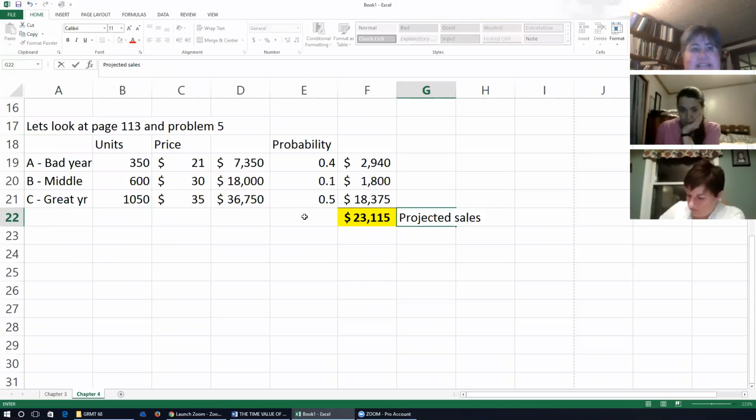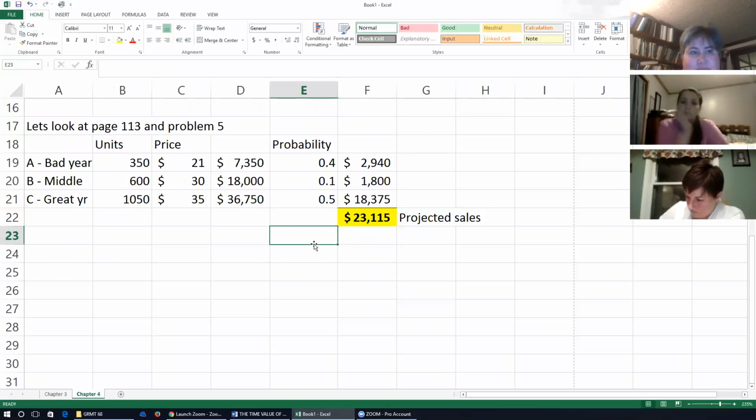So that's the best guess, kind of averaging all of them together, of what the sales are going to be next year. So instead of 3 possible opportunities, they kind of smushed them all together and came up with one number. It's not going to be exact, and that won't be next year's sales, but it's a ballpark.